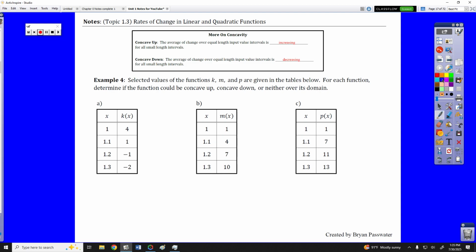If it is concave up, then the AROC will be increasing. If it is concave down, the AROC will be decreasing.